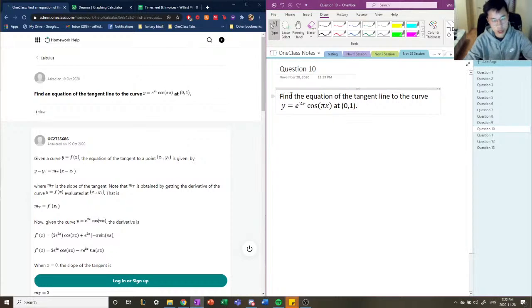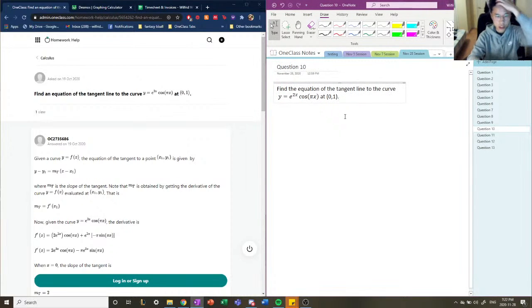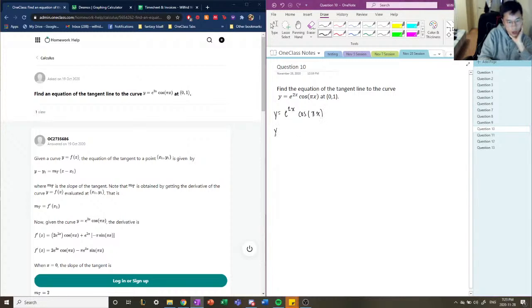So we just explained how to find the slope of the tangent line, which means that we have to derive this function and then plug in x equals 0 into our function, okay? So let's write out our function first, which is y equals e to the power of 2x times cos pi x. Okay, so y prime is equal to, so this is a product rule and a chain rule. So we're going to derive this and multiply it by this function first.